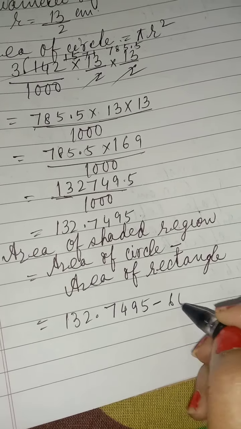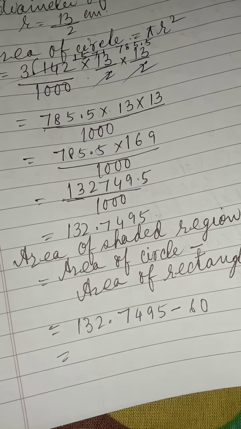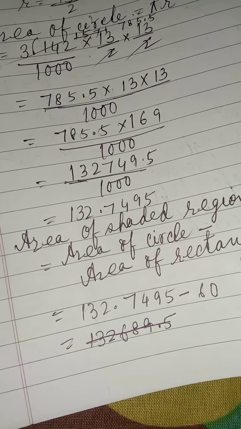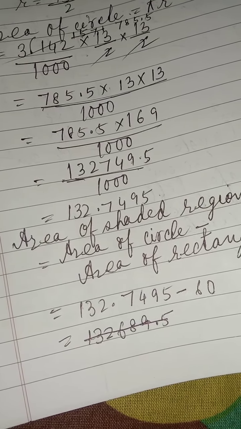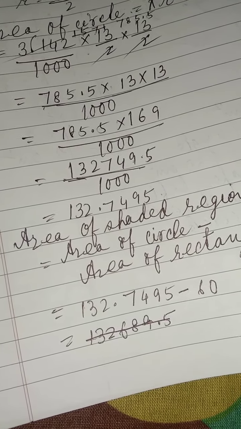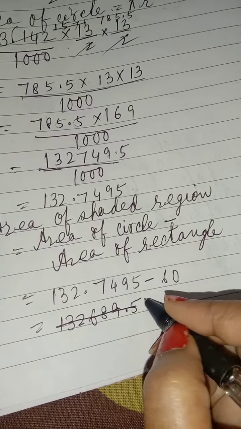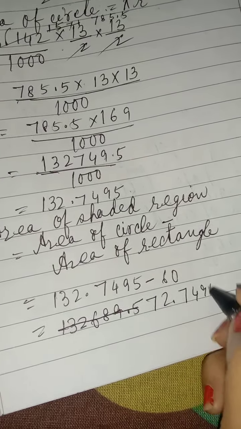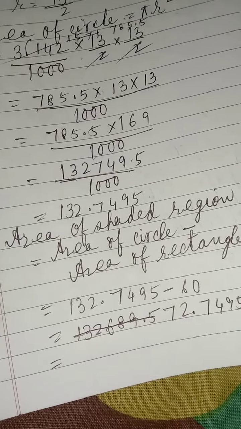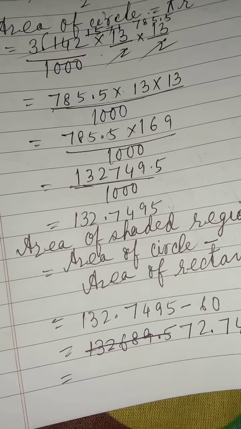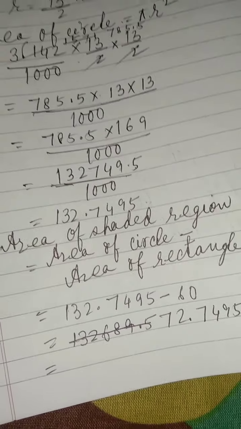So let us subtract it. 132 minus 60 is 72, so it is 72.7495. Now your question is to find the area of the shaded region correct to 2 decimal places.